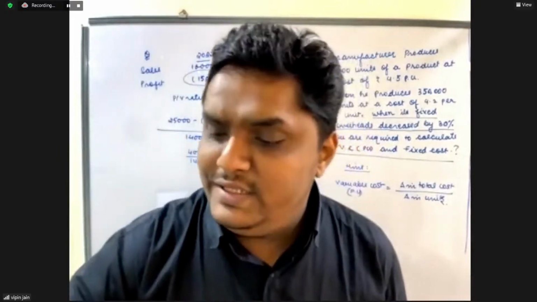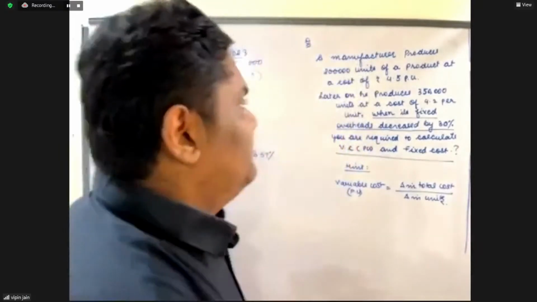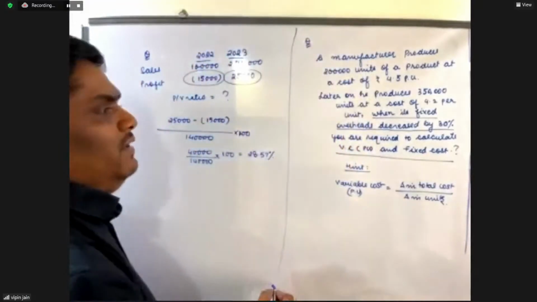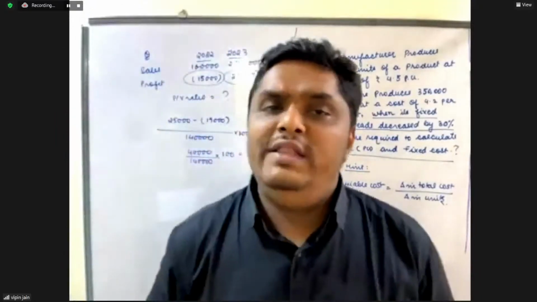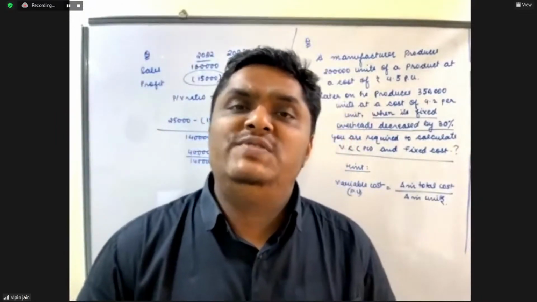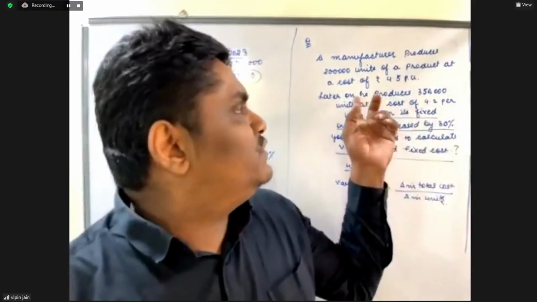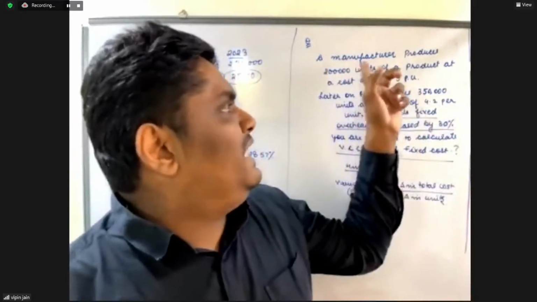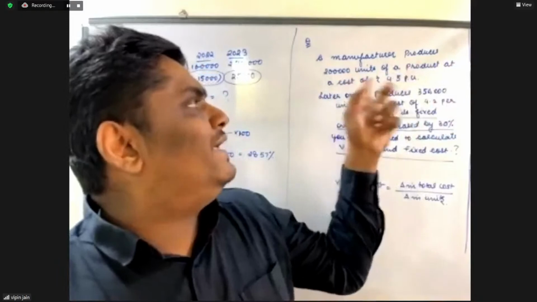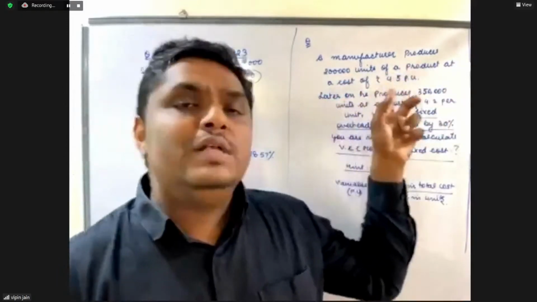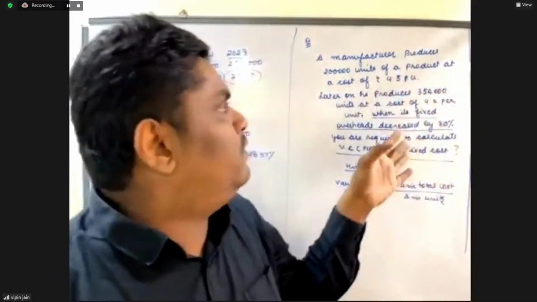I request you guys to please copy the question, and I want the correct answer. A similar question is not there in any study material or practice manual. So please copy the question. A manufacturer produces 2 lakh units of a product at a cost of 4.5 rupees per unit.